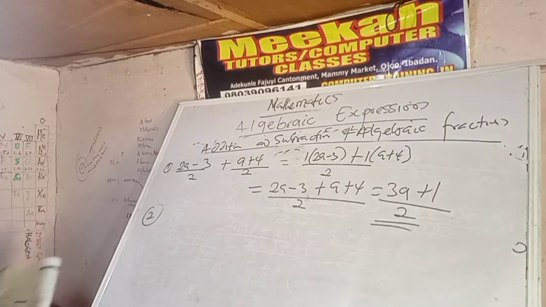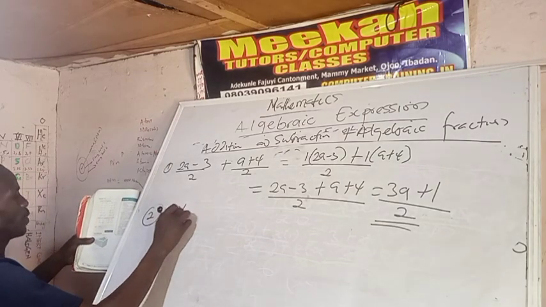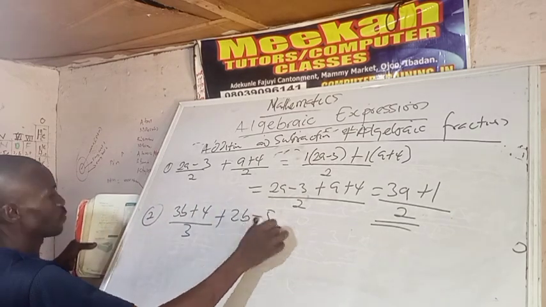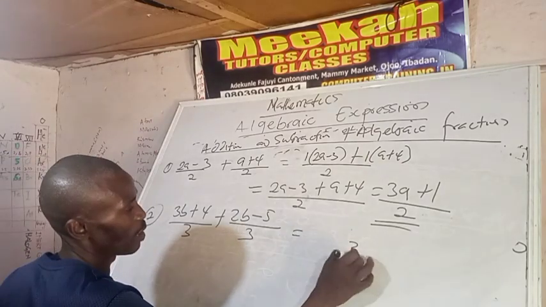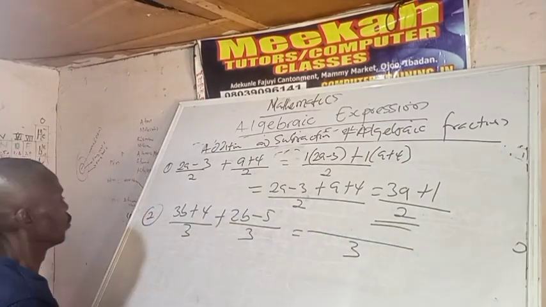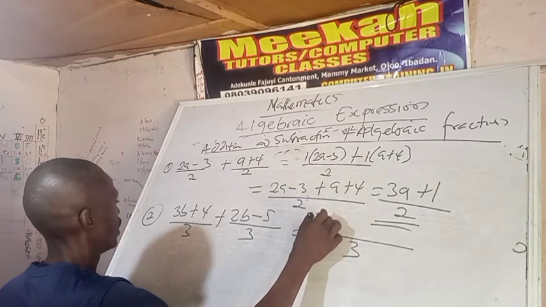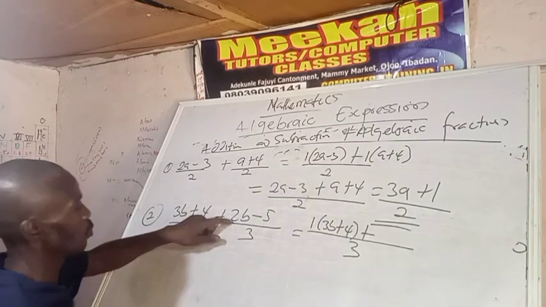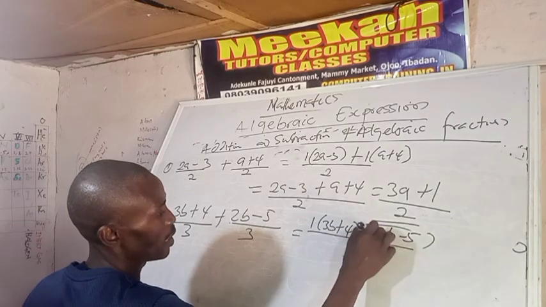Number 2. Let's see again. What if you have 3b plus 4 over 3 plus 2b minus 5 over 3? They have a common denominator. You represent it with 3, and I rule. 3 here, 1. This one becomes 1 into bracket 3b plus 4 plus 1 into bracket 2b minus 5.